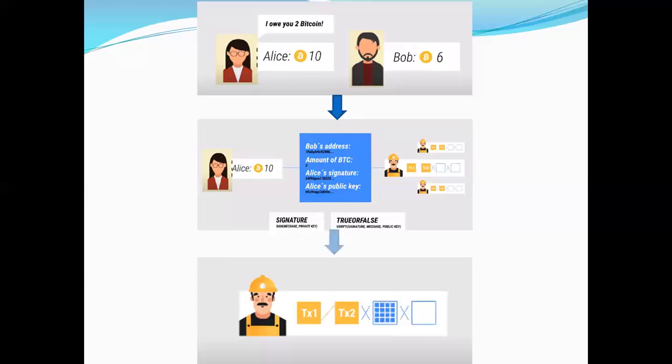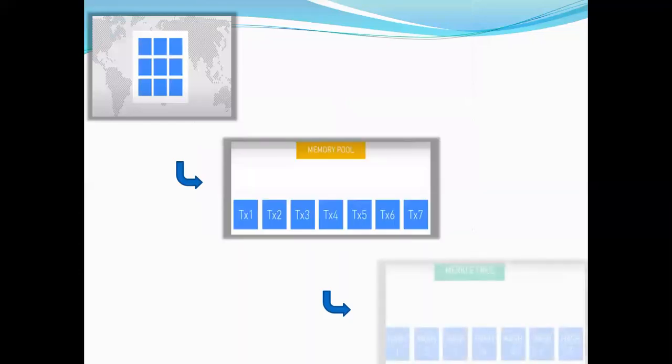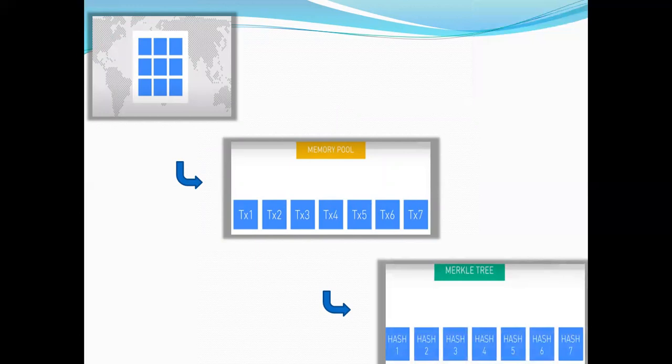Once the miner is sure that the transaction is valid, they can put it in a block along with many other transactions and attempt to mine the block. Now, the first step of mining a block is to individually hash each transaction taken from the memory pool.